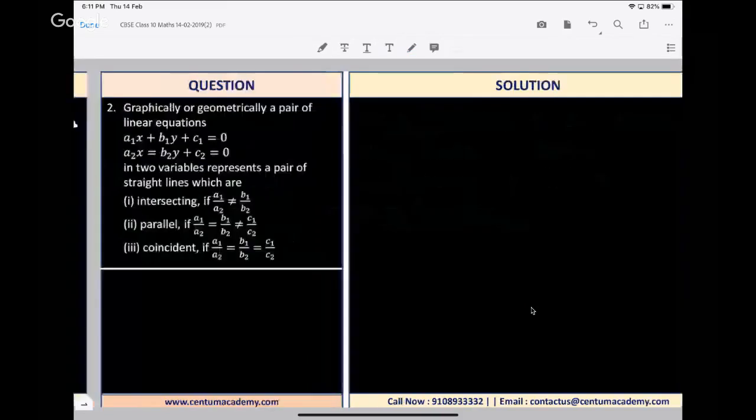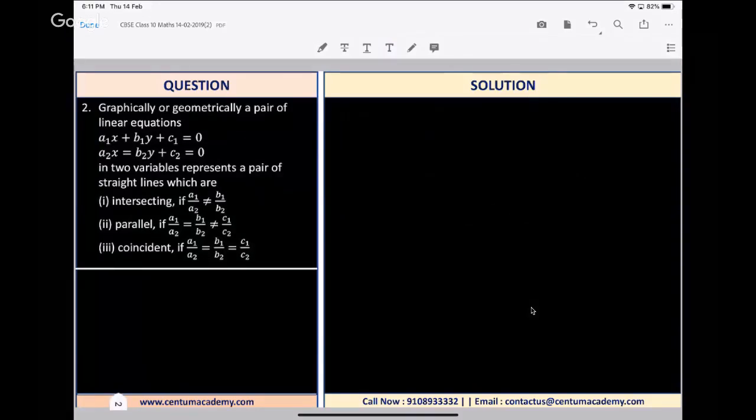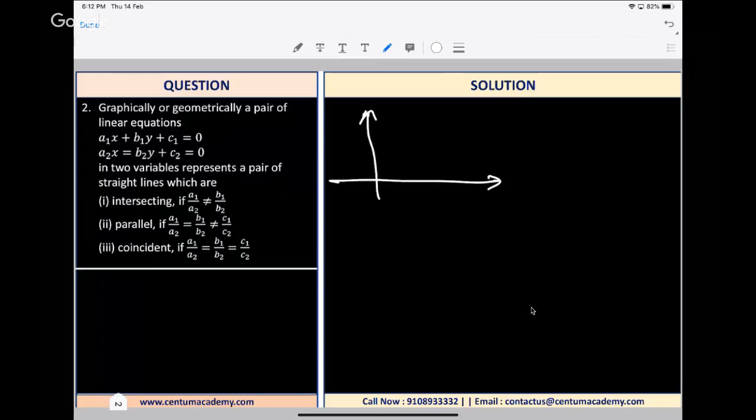Now, next is graphically or geometrically, a pair of linear equations in two variables represents a pair of straight lines. Let me just draw a graph. So how does a linear equation look in a graph? Let's say this is x, this is y.